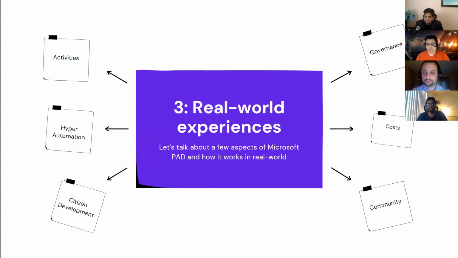So when we call it Power Automate, you can't actually take out Power Automate Cloud because it's all connected. From the Microsoft perspective, Power Automate covers the cloud flow as well as the desktop flow.